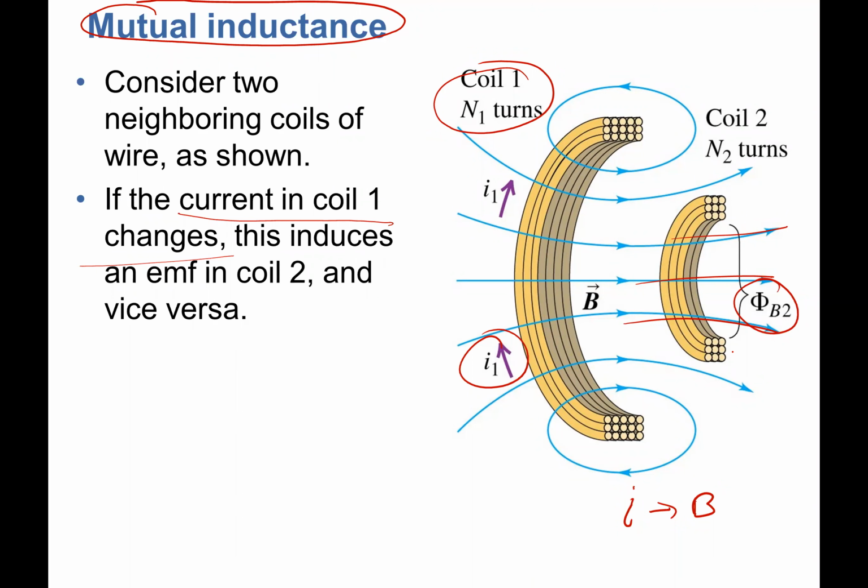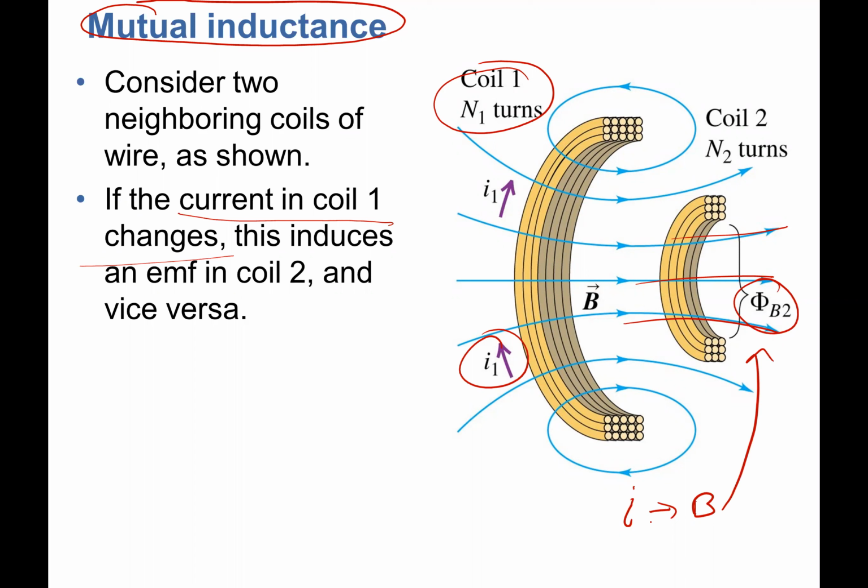If the magnetic field is changing through coil 2, it's going to induce current, and it's going to induce its own magnetic field. That's the idea.